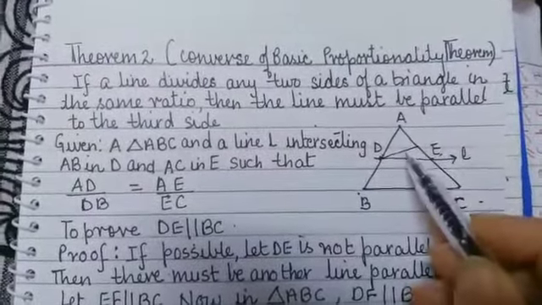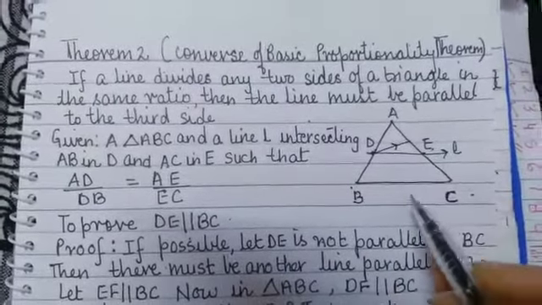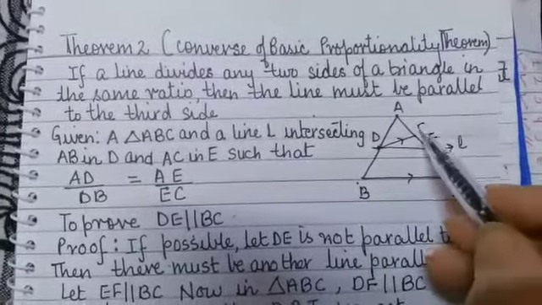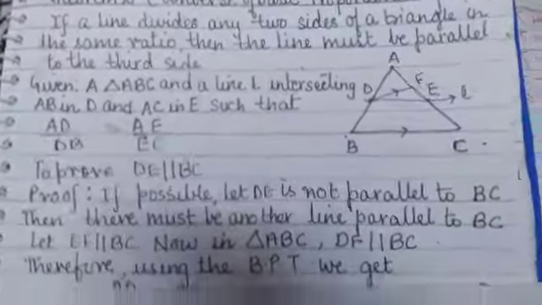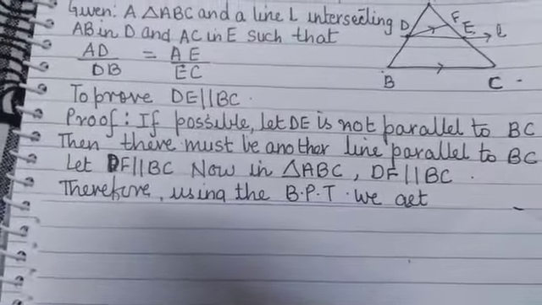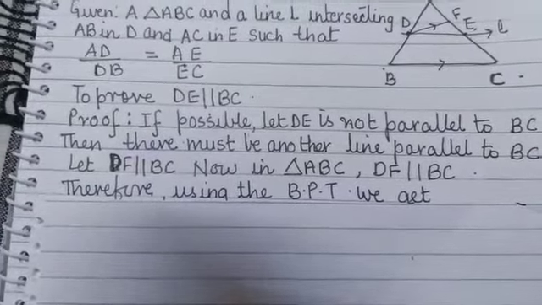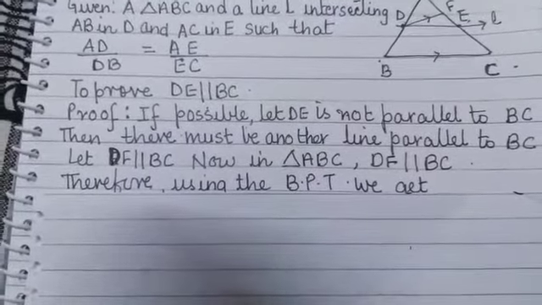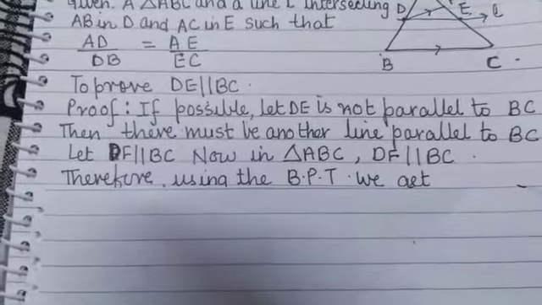We are just taking it that DF is parallel to BC. Clear? Now in triangle ABC, DF is parallel to BC.